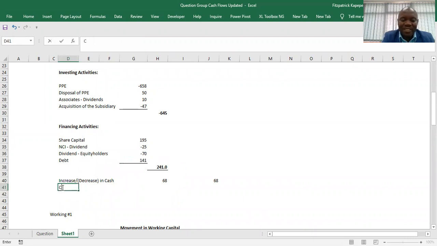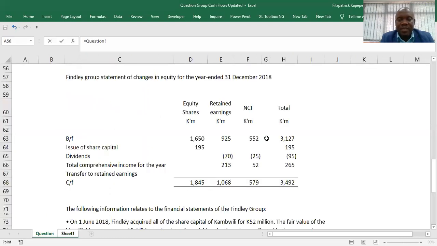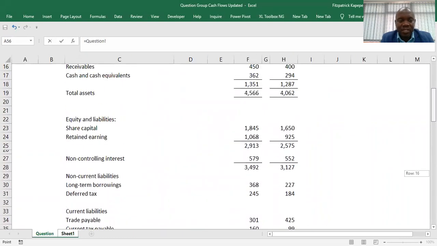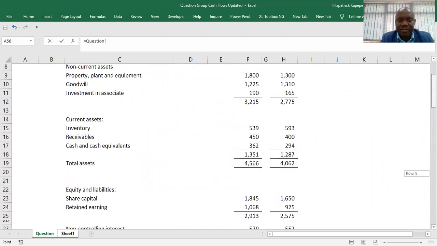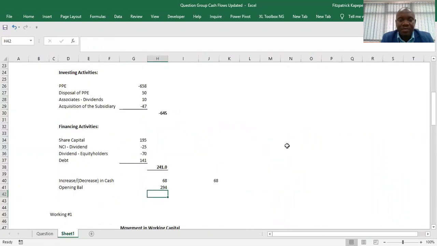Then we bring in the opening balance, 2017, which is 294.